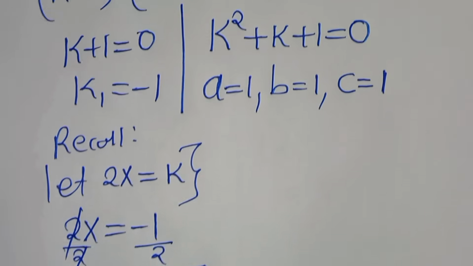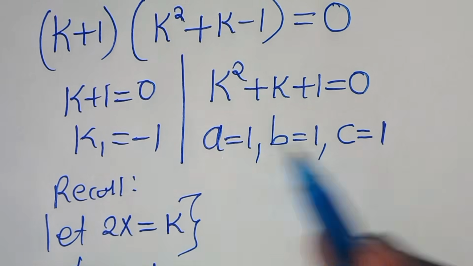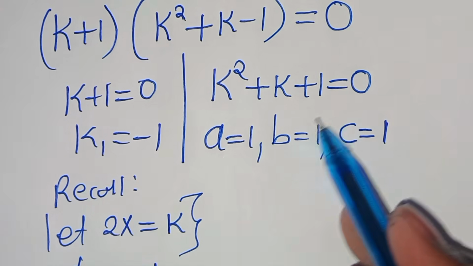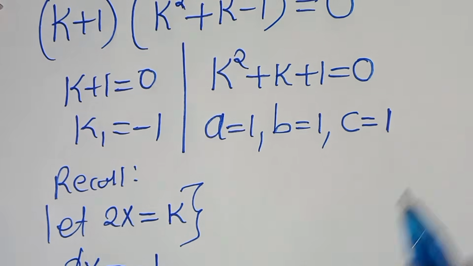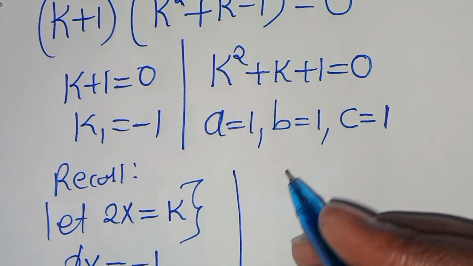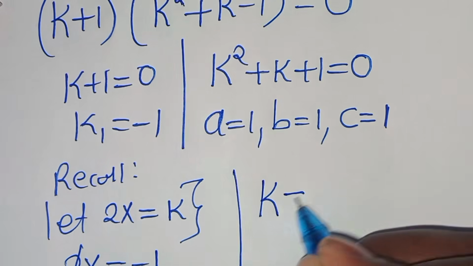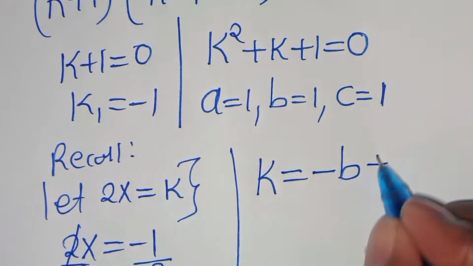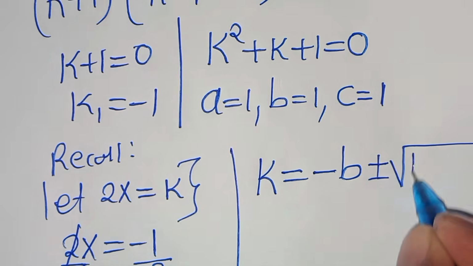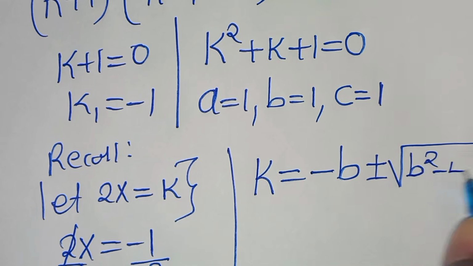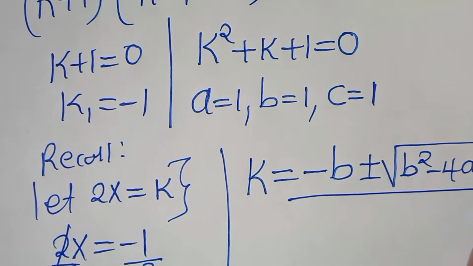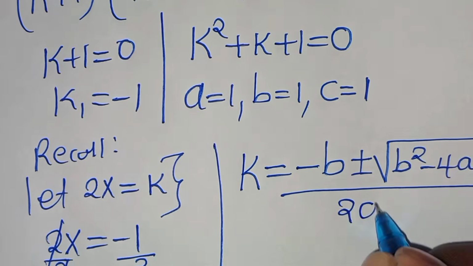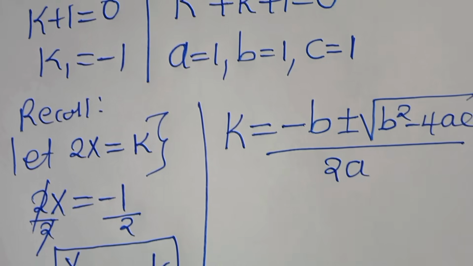Now, the second part here is a quadratic equation. A is equal to 1, B is equal to 1, and C is equal to minus 1. So we can solve for other values of k. K is equal to, let's apply the quadratic formula, which is minus b plus or minus the square root of b squared minus 4ac, everything divided by 2 times a.